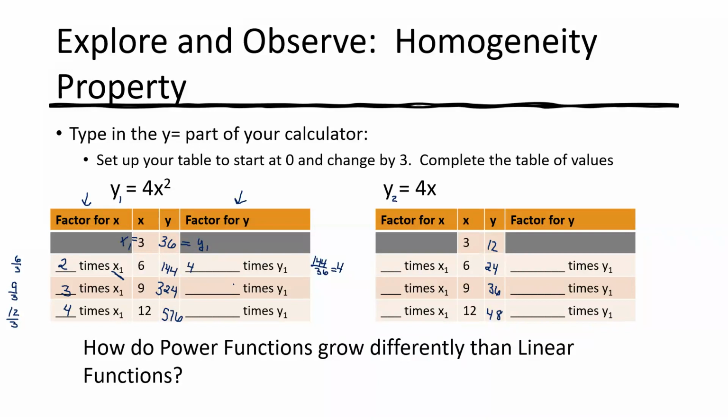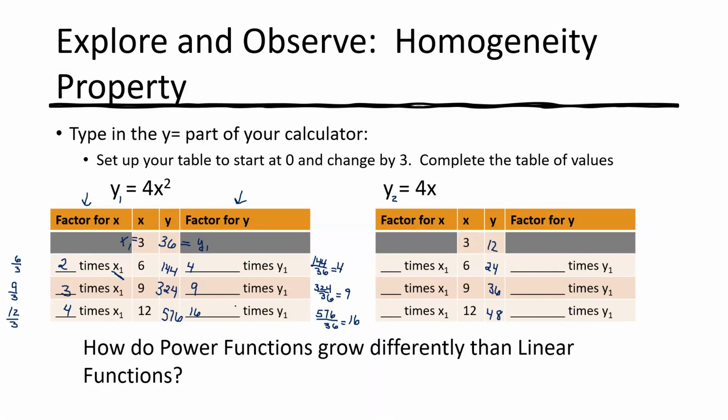The next one, I'm going to take 324 divided by 36. And on my calculator, that gave me 9, so this is 9 times bigger. And the final one, I took 576, divided it by the original 36, and that gave me 16. So this one is 16 times.